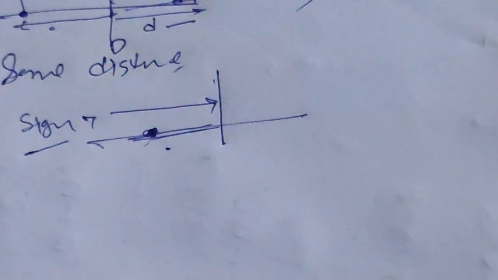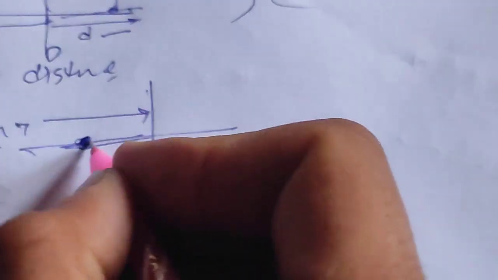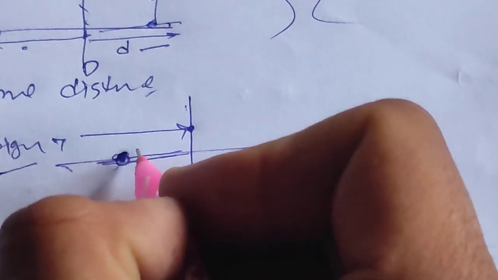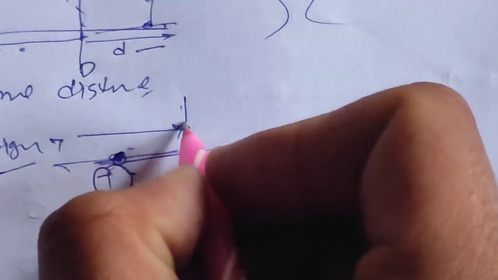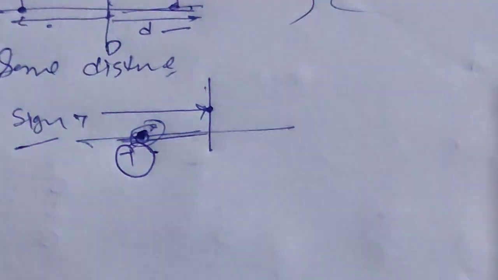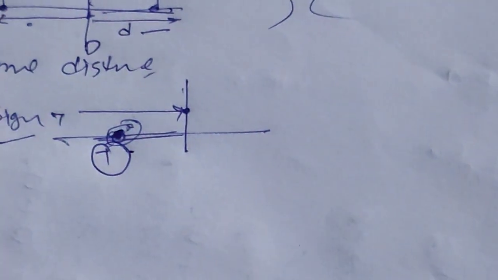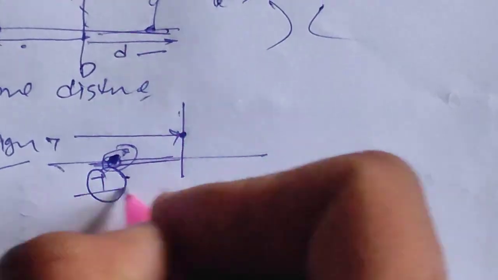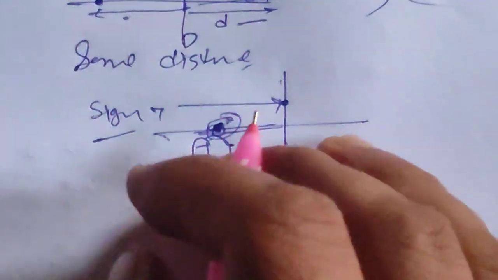So if the object is where the incoming rays reflect from the surface, in that case the sign taken is positive. Okay, means the object is on the same side where the incoming light is. So in that case the object distance is positive, otherwise it is negative.